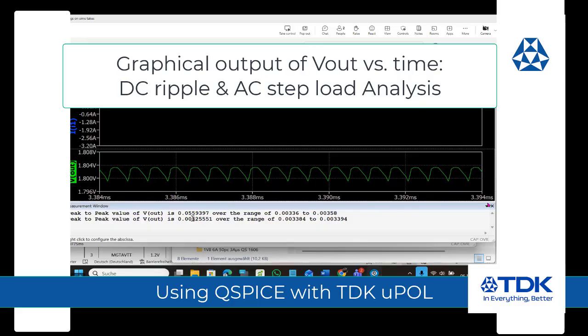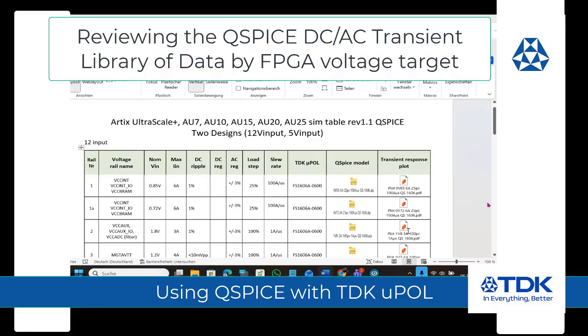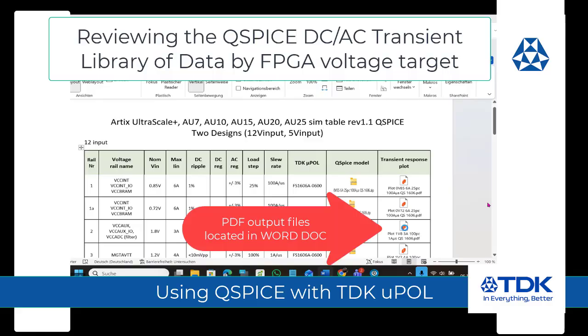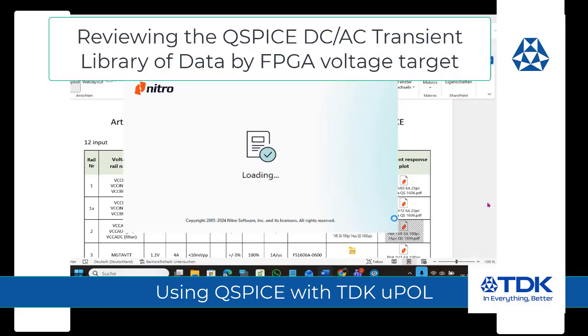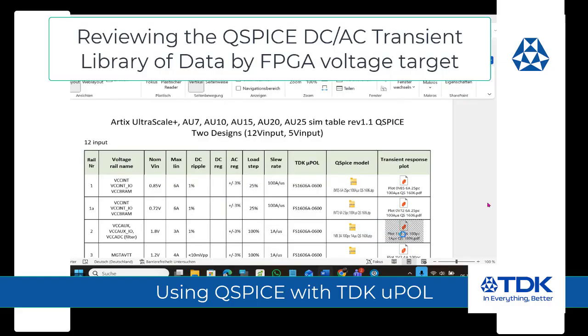Now, what we do is we take this information and put it into a plot by doing a screenshot here. And this is what you see on the table right here. So if I click right here, it's going to open that file and show you the screenshots of the waveforms that I generated.